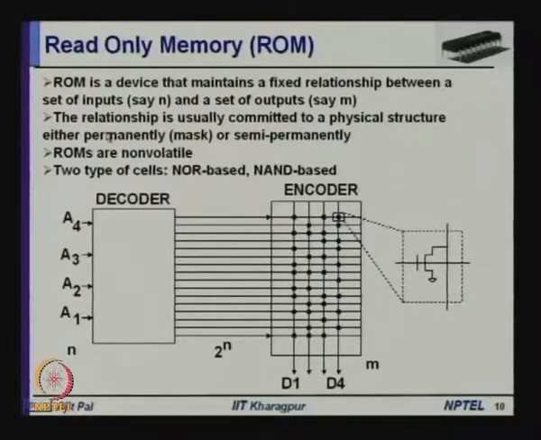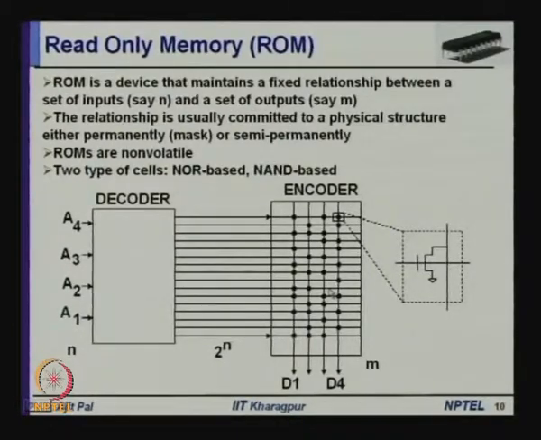So, this relationship is usually committed to a physical structure either permanently or semi permanently. That means, you can store information in this encoder part that can be permanent.